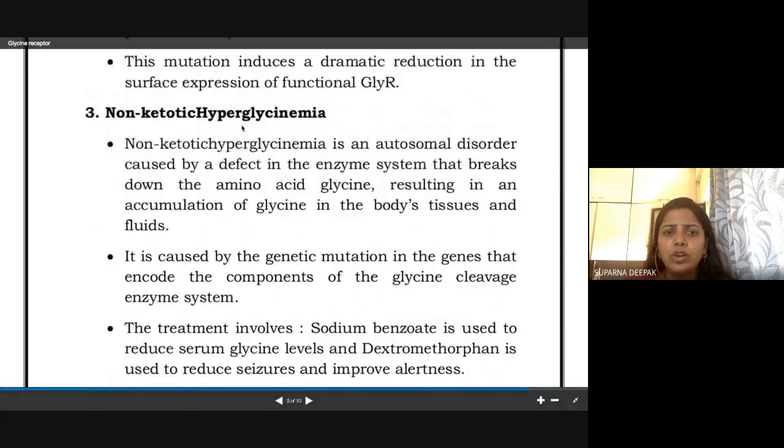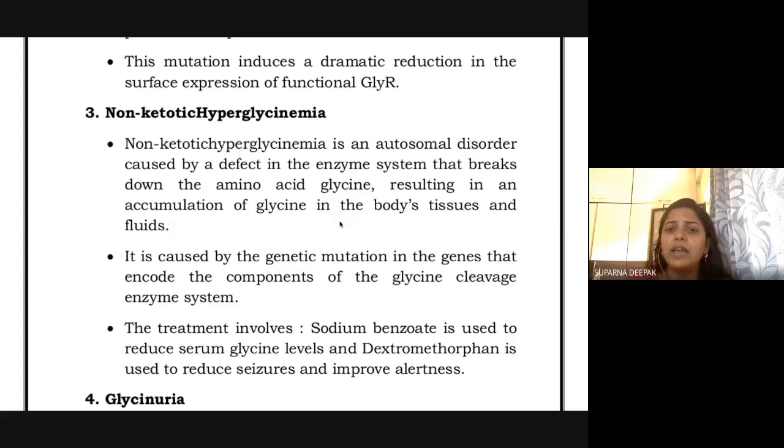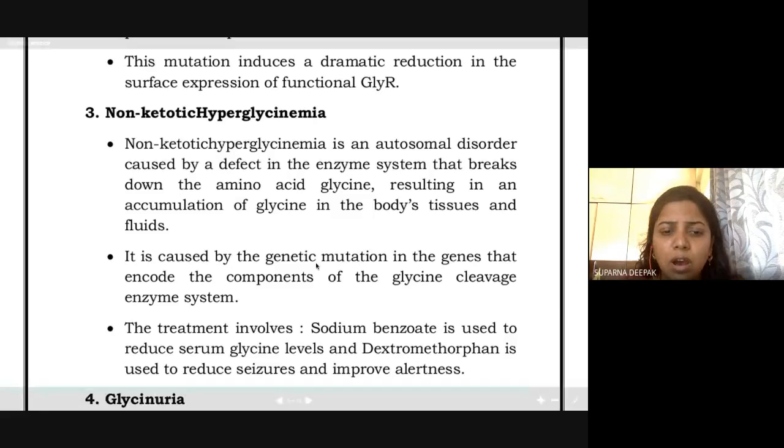Then you have non-ketotic hyperglycinemia, which is an autosomal disorder, where the enzyme responsible for breaking down the amino acid glycine has a problem, and hence glycine accumulates in your body.